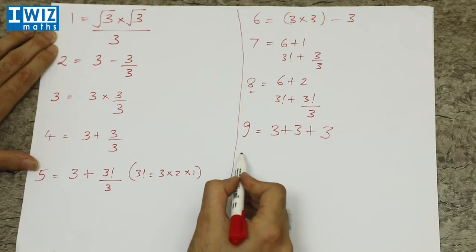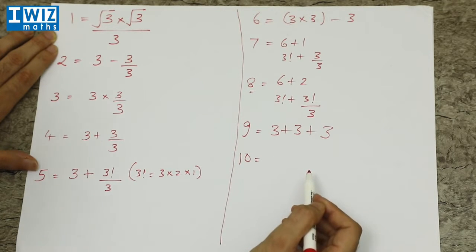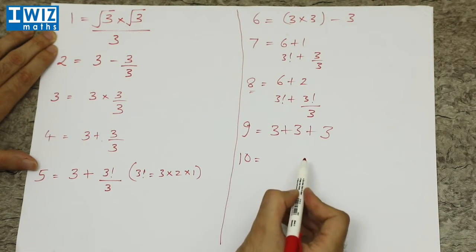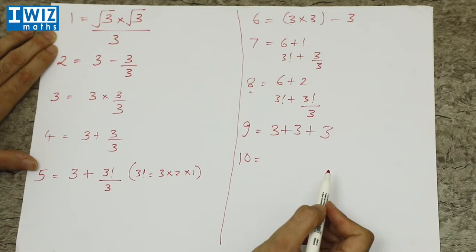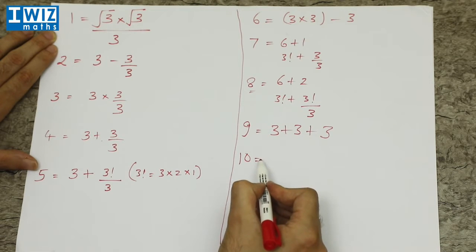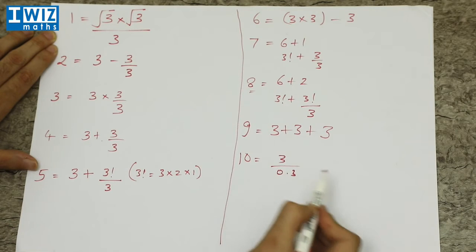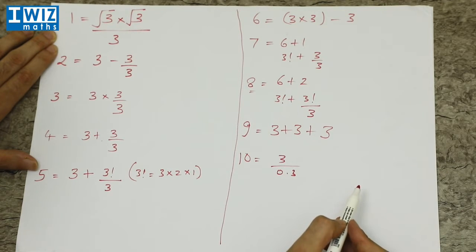And 10, our final number, is the slightly tricky one. It needs a little bit of thought, but recall that we had said that you're allowed to use decimals as well, and so far we have not used any decimal. So there's a hint that you might want to use the decimal here. So if we have 3 divided by 0.3, that will give us 10.